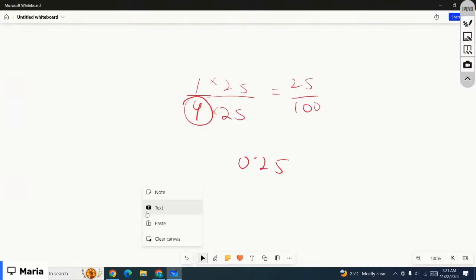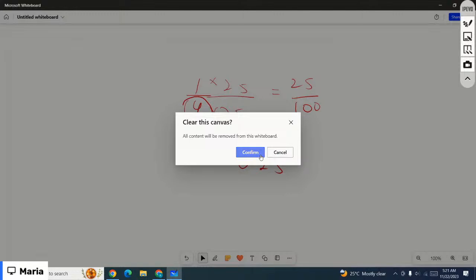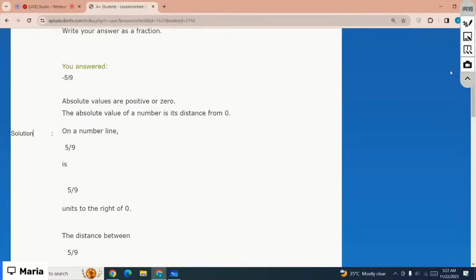So if you are given 5 over 9, you have to find the absolute value of 5 over 9. 5 over 9 is already a positive number, so the absolute value of 5 over 9 is 5 over 9. But if you are given negative 5 over 9, the absolute value of negative 5 over 9 is 5 over 9. Absolute values are all positive values, right? No negative values are allowed in absolute values, right?